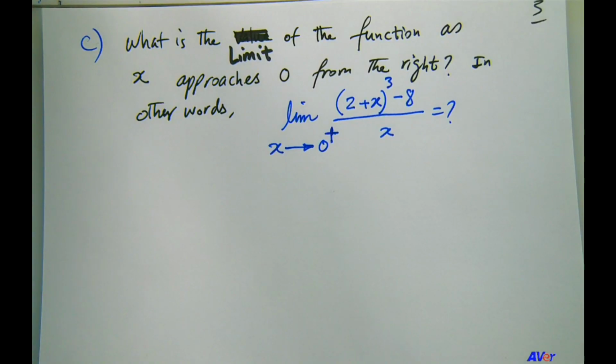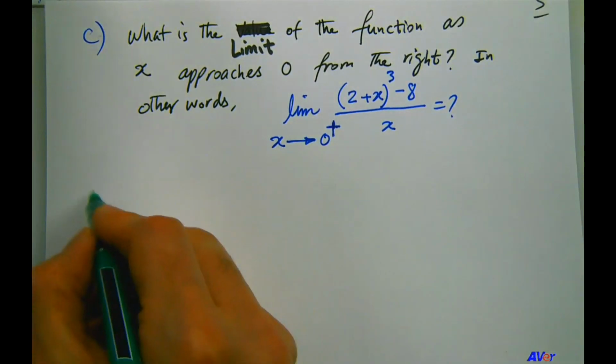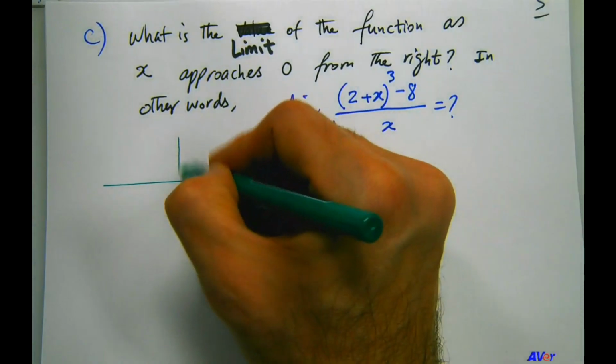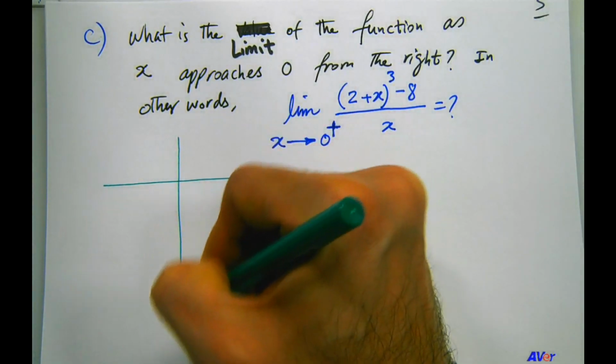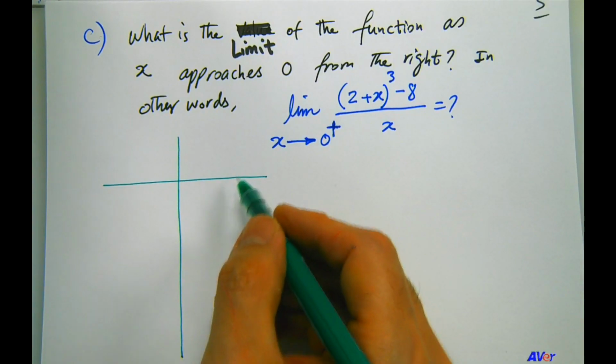Just like on the previous page, let's look at a set of values. We can pick some values for x that approach 0 from the right and see how the function behaves.